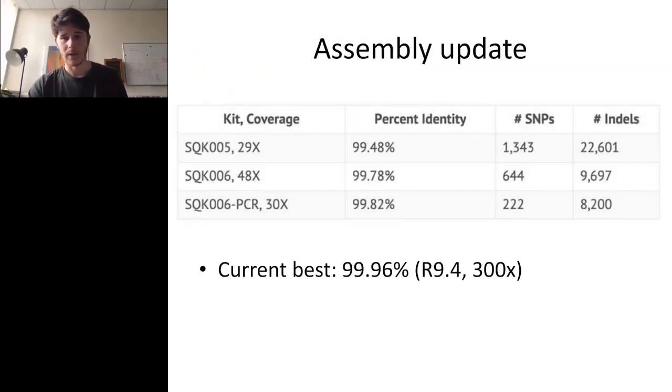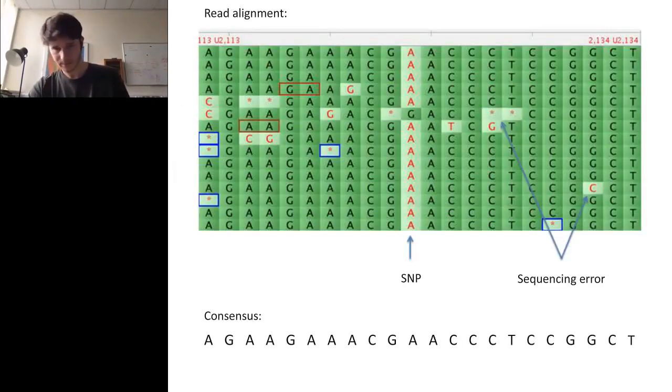In an analogous application, for example sequencing a bacterial genome using this algorithm, the accuracy that you can get from using the raw data as well is 99.96% at 300 times coverage.